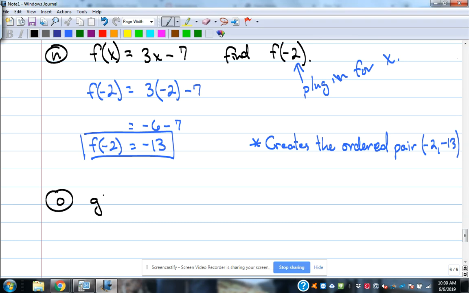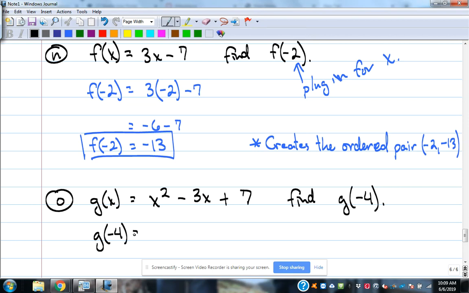g of x this time. x squared minus 3x plus 7. And they want us to find g of negative 4. All that means is take negative 4, replace all the x's with it. g of negative 4 is going to be parentheses negative 4 squared minus 3 parentheses negative 4 plus 7.